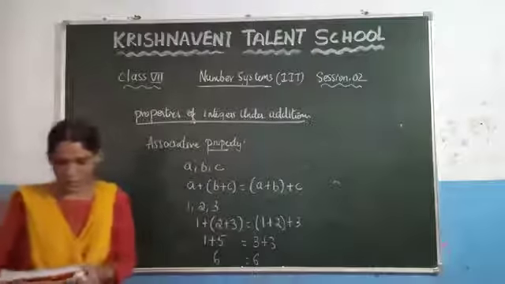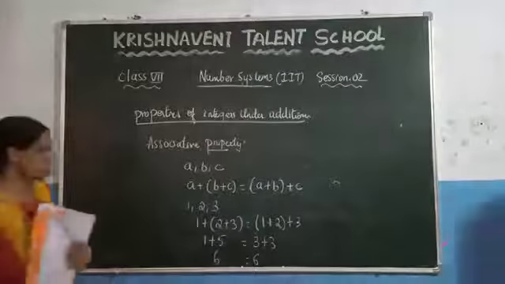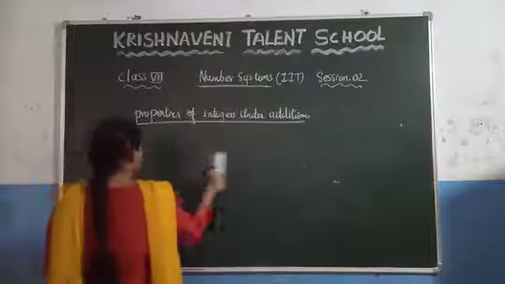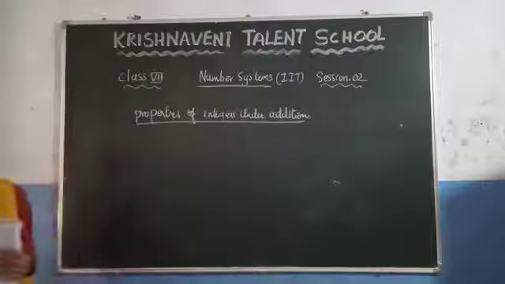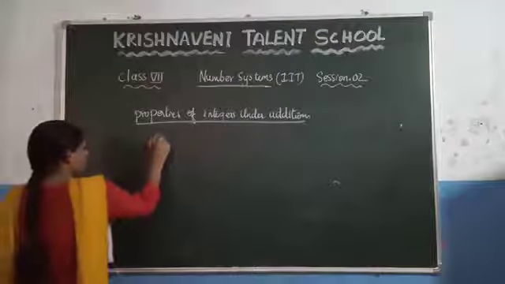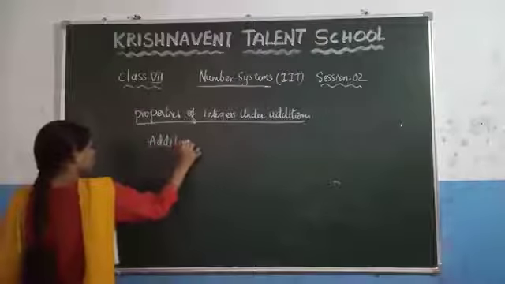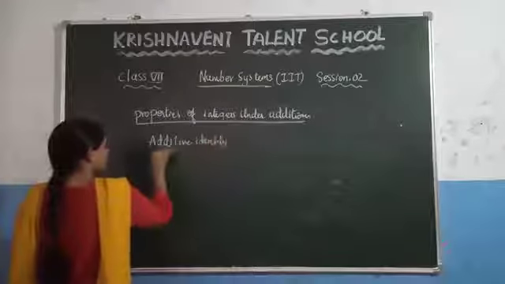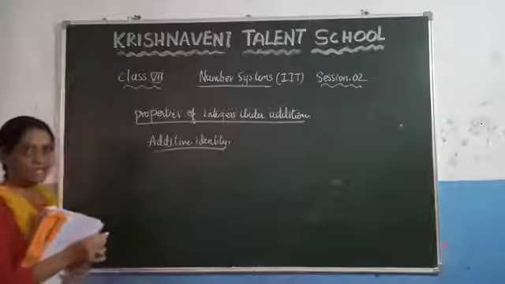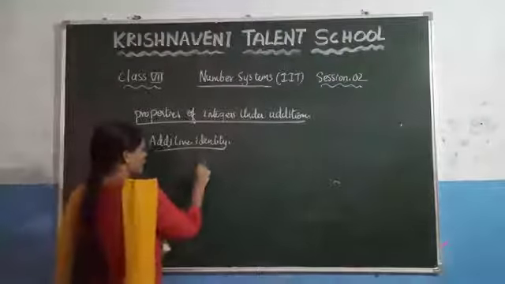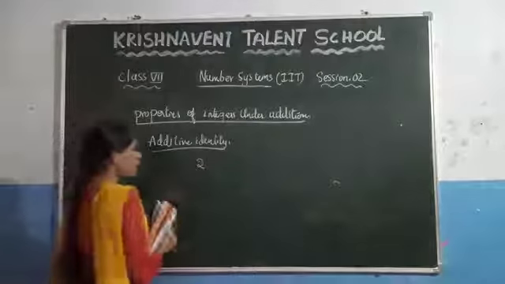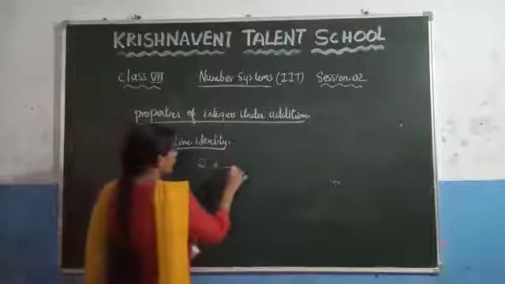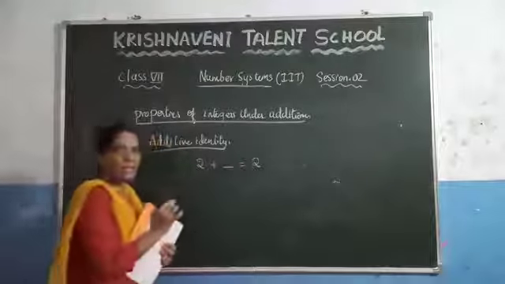Now, see the last one, which is the additive identity. What the additive identity says here, if you consider any integer, since we are talking about the integers, you need to add one number such that you get the same number as the result.